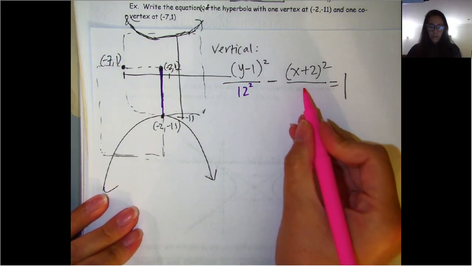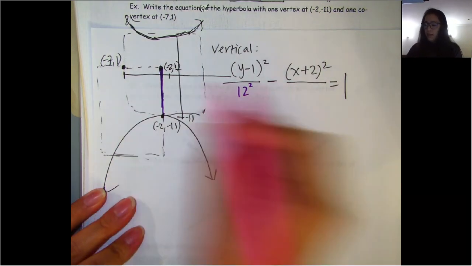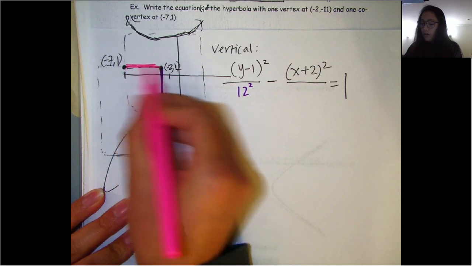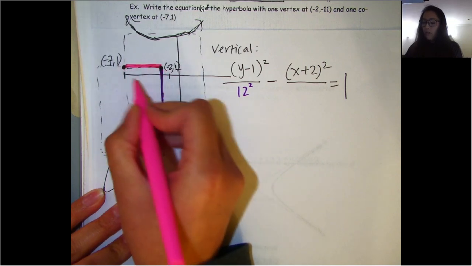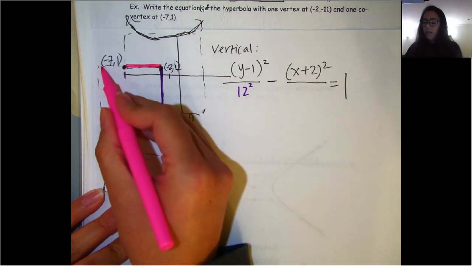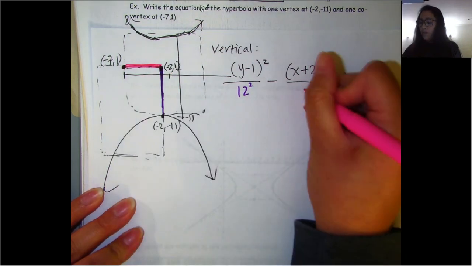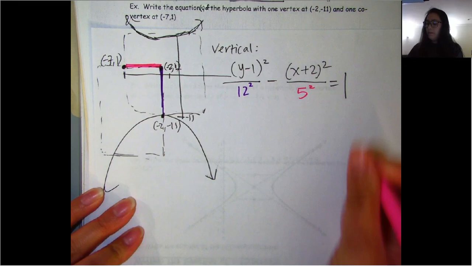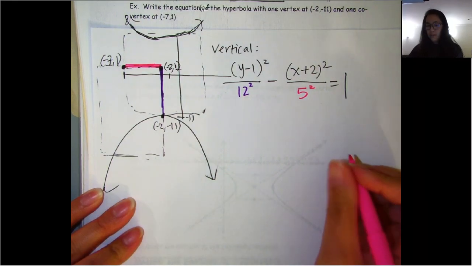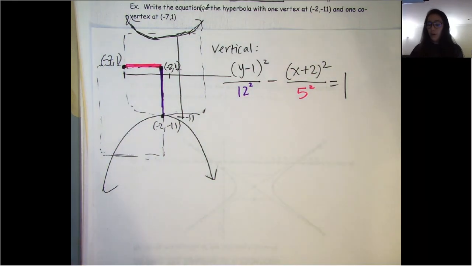Then the horizontal distance is from the center to the co-vertex, from -7 to -2, and that distance is 5. So we have 5 squared. This is the equation of the vertical hyperbola given those two points.